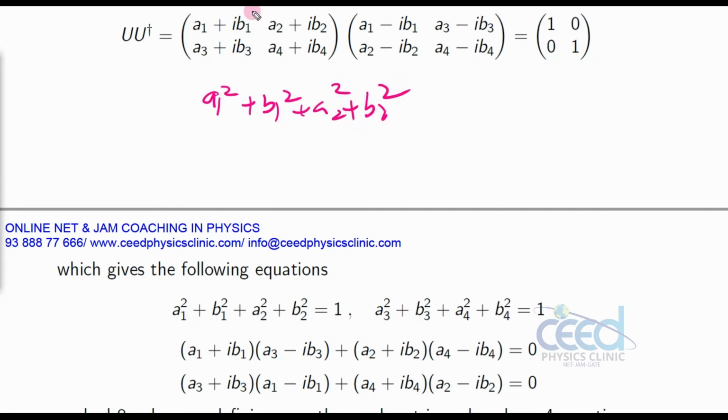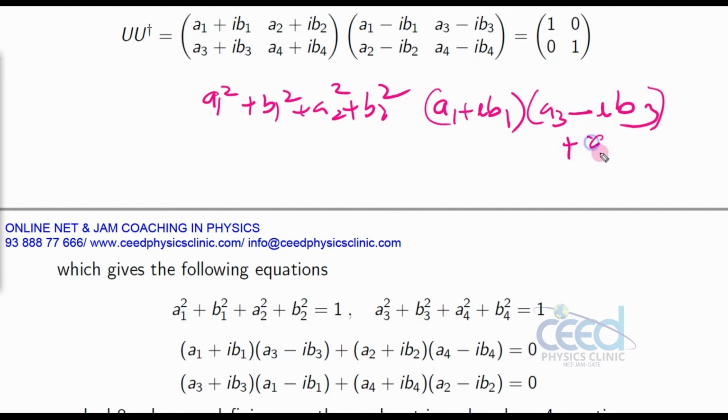The off diagonal term is a1 plus ib1 into a3 minus ib3, plus a2 plus ib2 into a4 minus ib4.